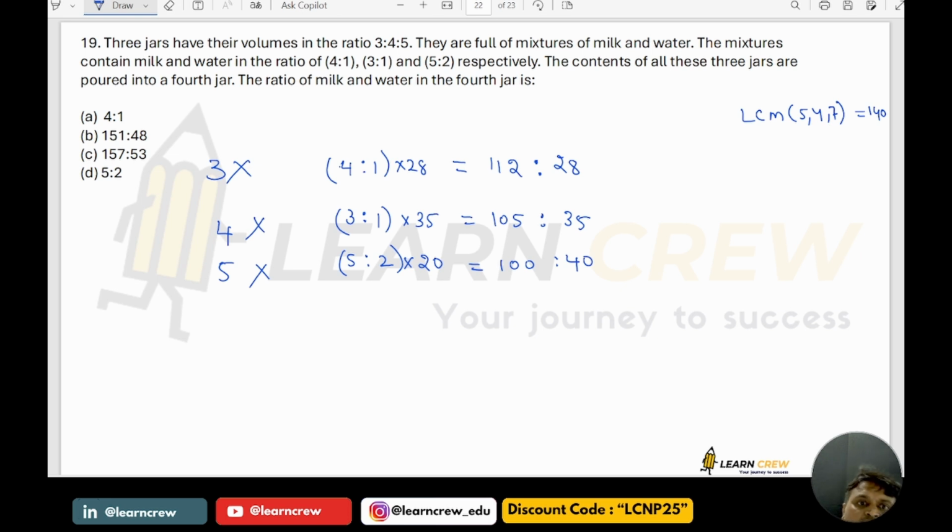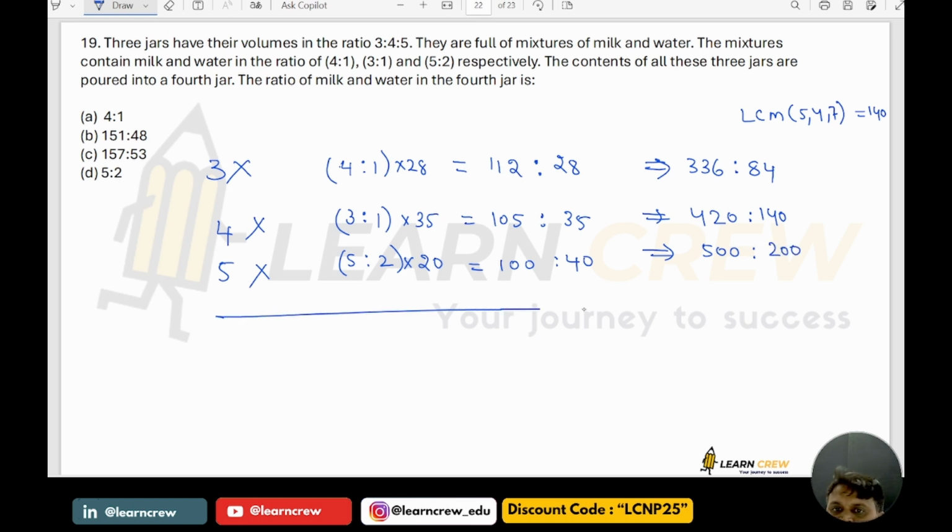What is the ratio of milk and water in the 4th jar? If you observe here, 3 into 112 is 336, 3 into 28 is 84. Next, 4 into 105 is 420, 4 into 35 is 140. 5 into 100 is 500, and 5 into 40 is 200.